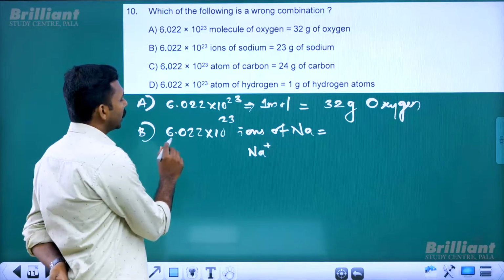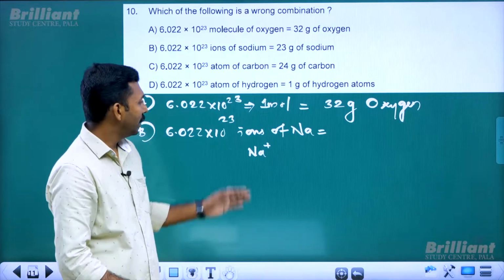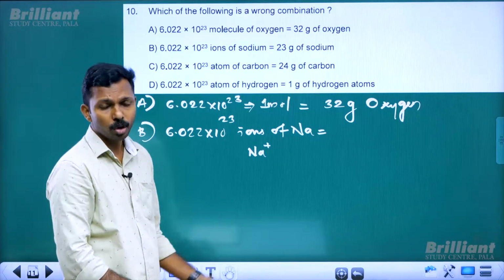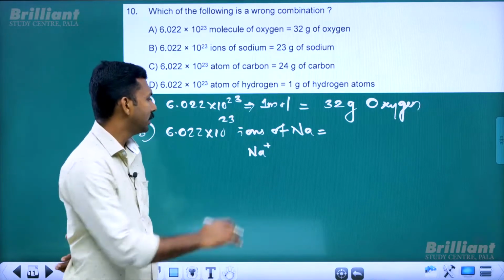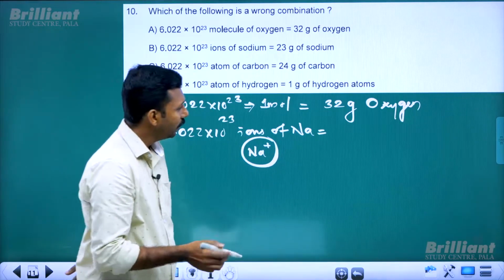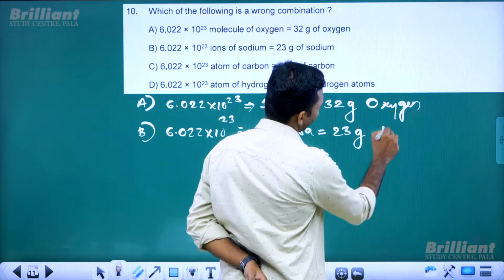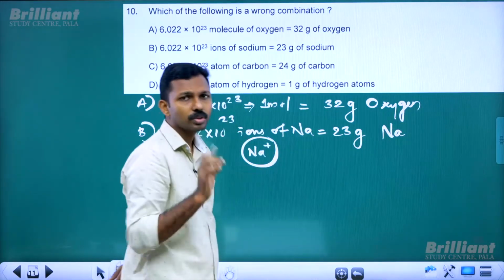As it is 6.022 into 10 raised to 23, we can say it is 1 mole, and 1 mole means its atomic mass, 23 gram of sodium. That is also a correct option.